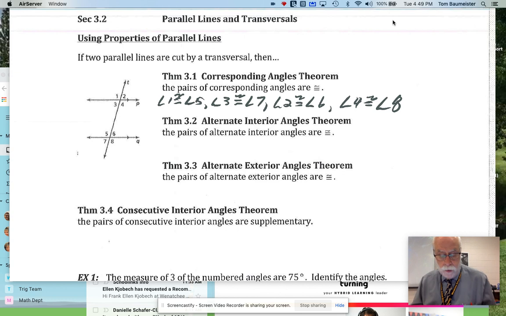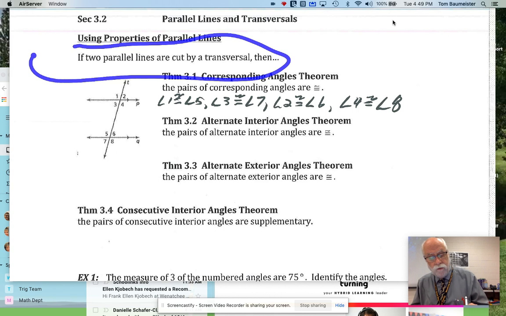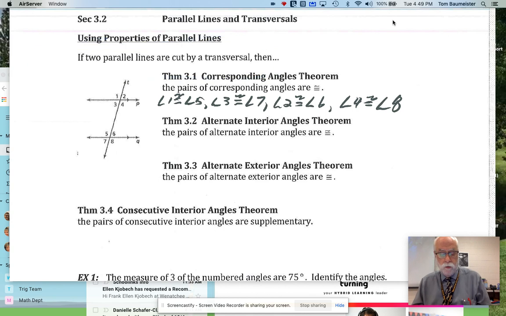Theorem 3.2 states that if two parallel lines are cut by a transversal, then the pairs of alternate interior angles are congruent. Remember, alternate interior angles are Z angles, and they're on the inside, so 3 and 6, and 4 and 5.